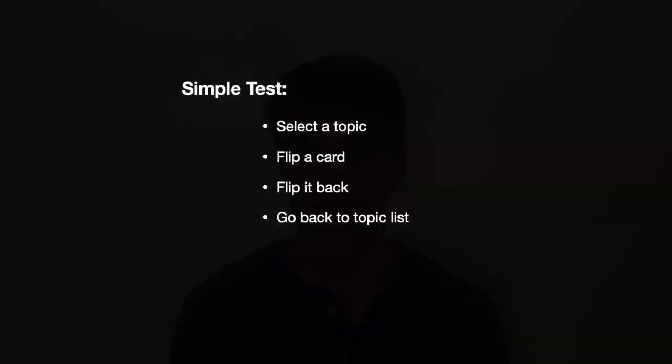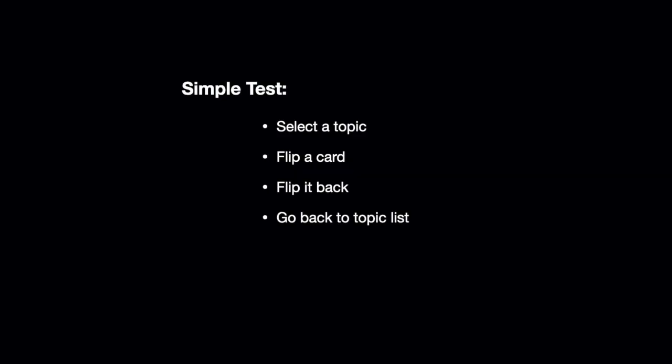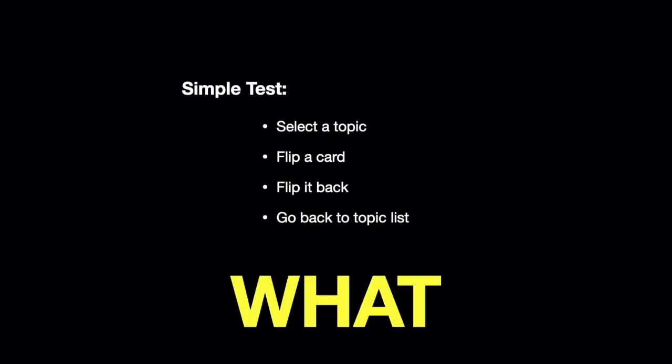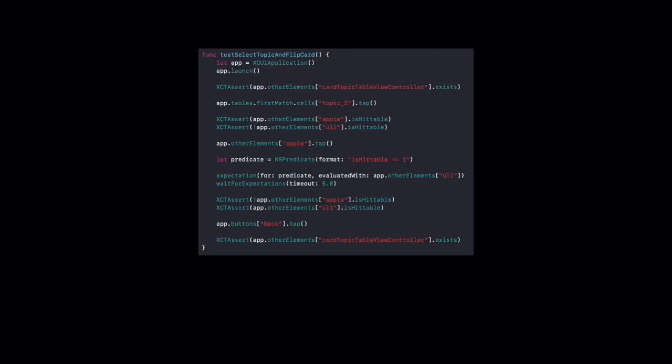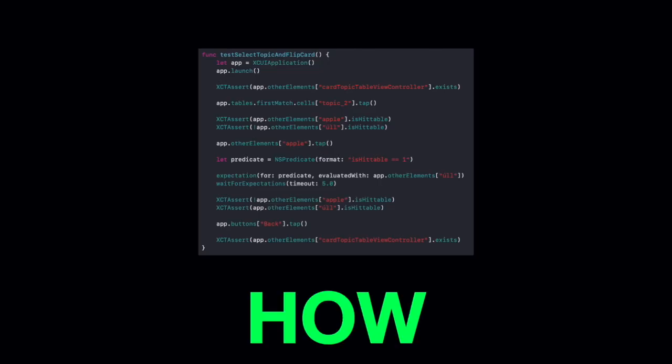Let's design a simple test for this UI. We're going to go to the topic list, select a topic, flip a card, flip it back, and then go back to the topic list. This is the what of what we want to test. Here we see the XCUITest of the how. What we want to test is obscured by the detail of how XCUITest goes about it.